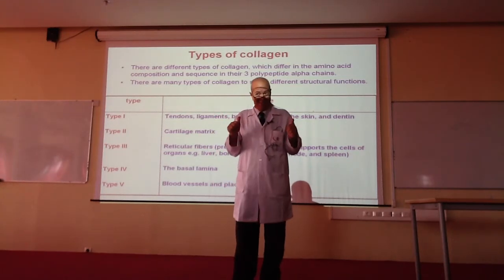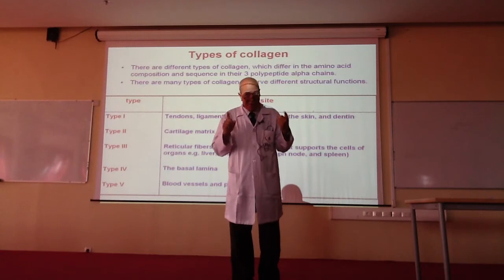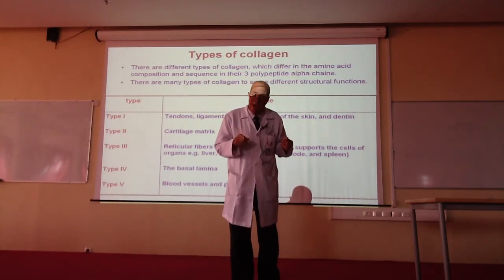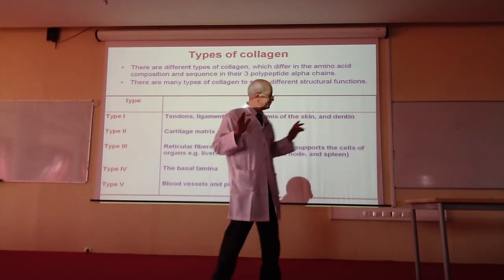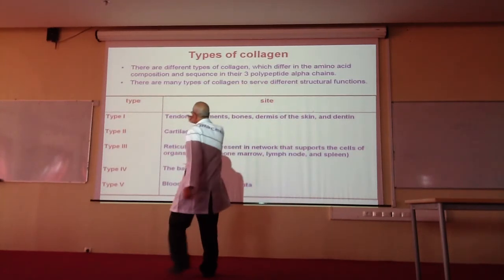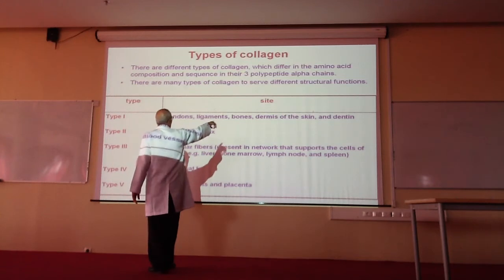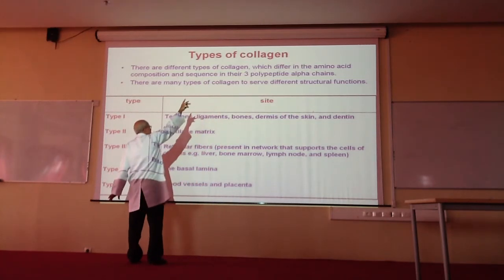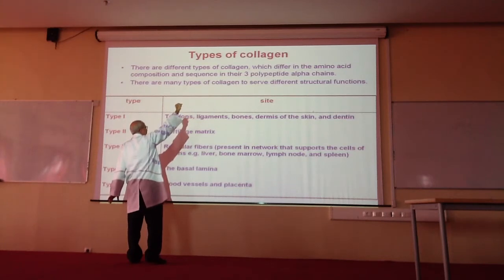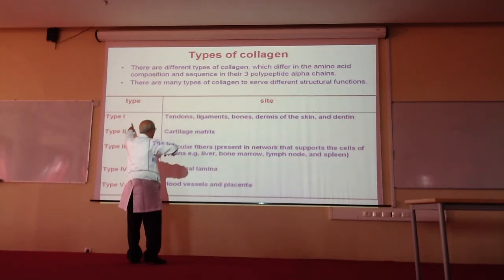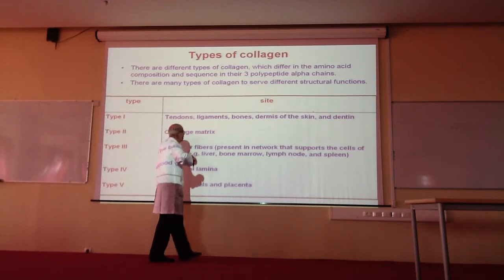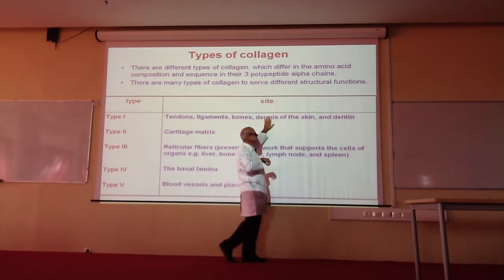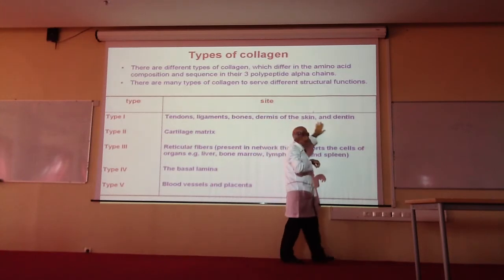Type 1 collagen forms ordinary collagen fibers, the white ones. It is present in tendons, ligaments, bone, dermis of the skin, and in teeth.